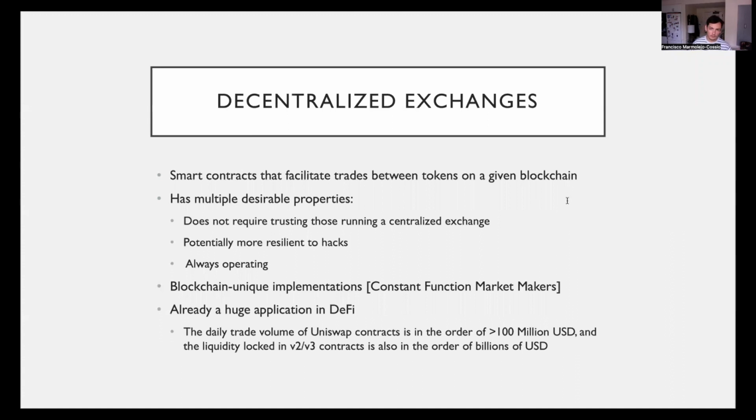And so, decentralized exchanges, which are the object of study that we're looking at, are smart contracts that facilitate trade between tokens on a blockchain. And this has multiple desirable properties. The big question that people are often asking in the first place is, what's the point of having a decentralized versus centralized exchange?